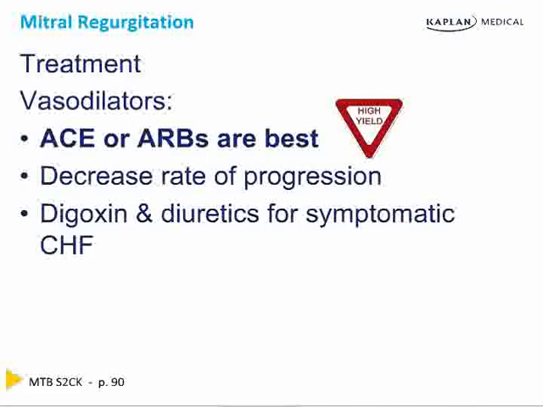And digoxin and diuretics simply control symptoms, as they do for almost everything. They don't decrease the rate of progression, they simply control symptoms. Vasodilators decrease the rate of progression of disease.